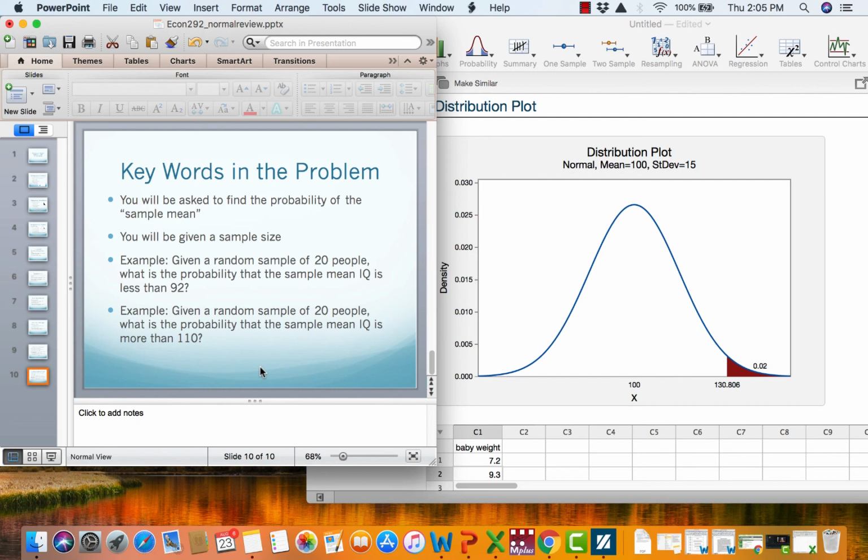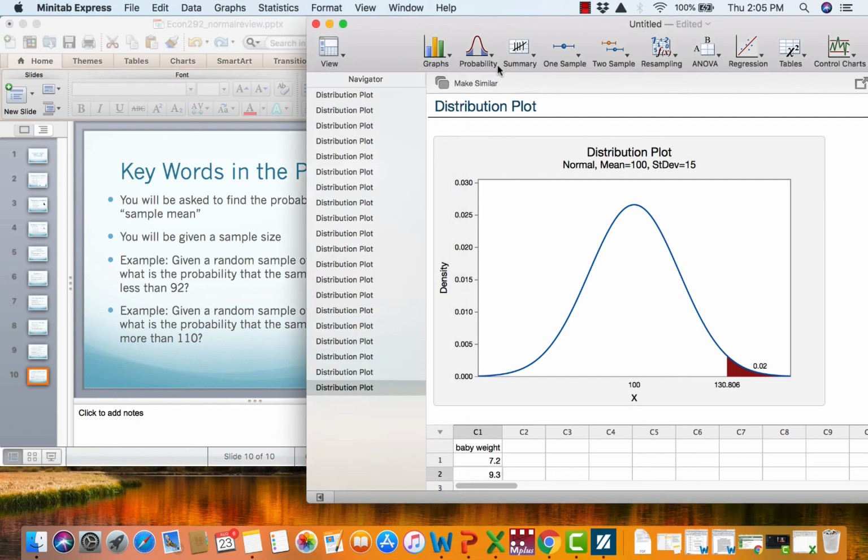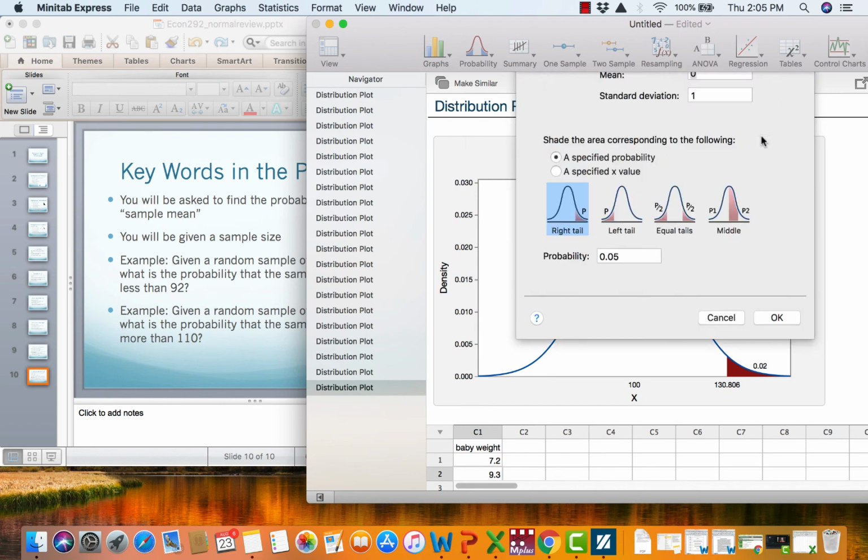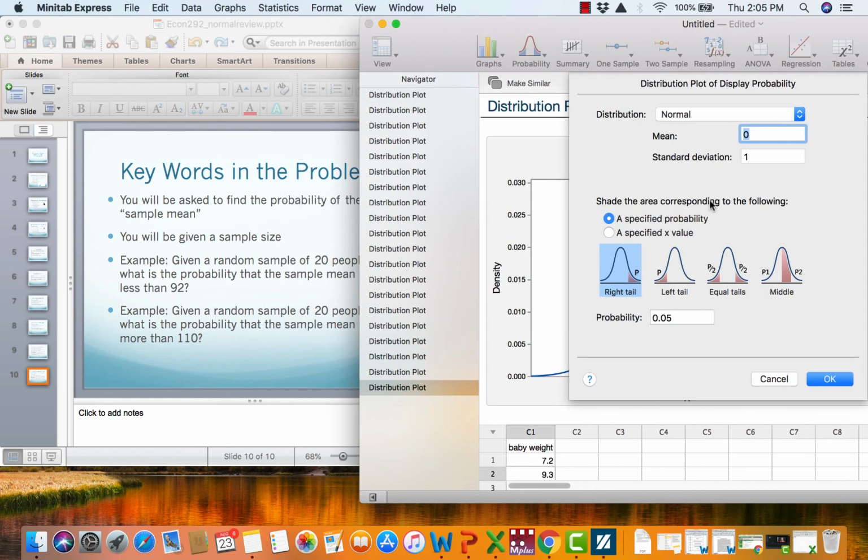than 92? Well, if you just go straight away to Minitab, to distribution plot, display probability, and you have to put in your mean and standard deviation, according to the central limit theorem you can put in your mean of 100.